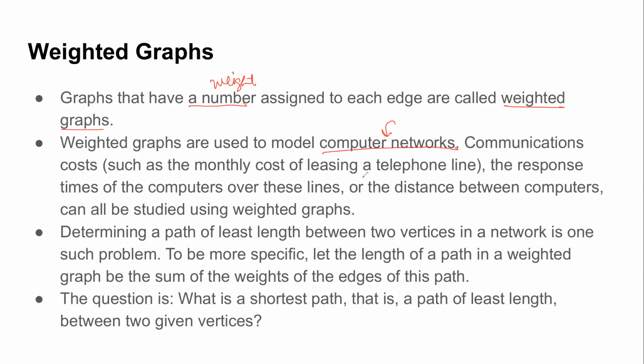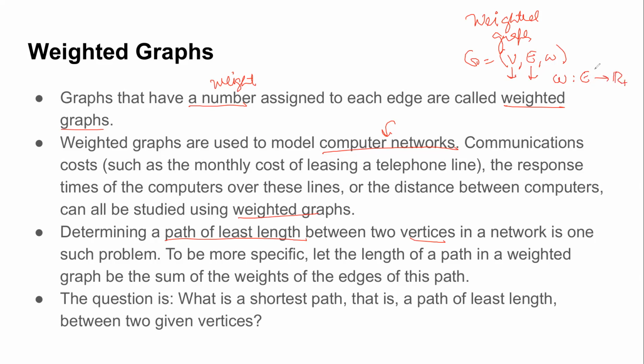Okay, so now in all these problems, whether it was airline network, road network, or computer network, which have been modeled as weighted graphs, often what we want to do is find a path of least length between two vertices. So now you are given a weighted graph. The way we represent a weighted graph is G equal to (V, E, W), where V is the vertex set, E is the edge set, and W is the weight function from edges to real numbers.